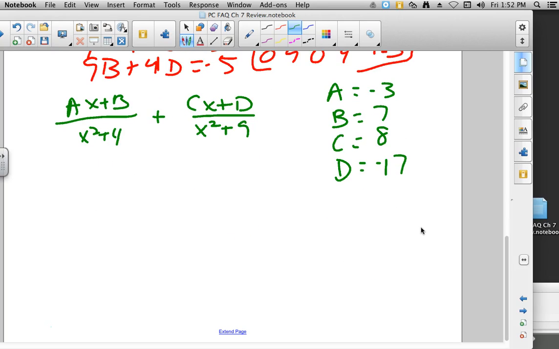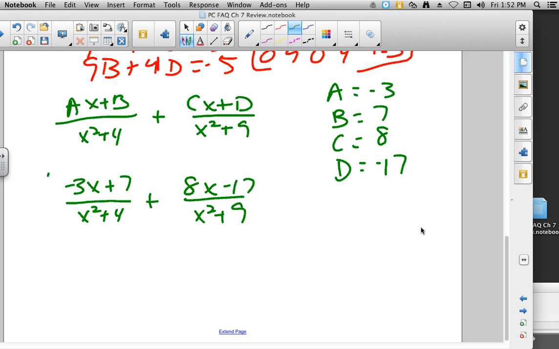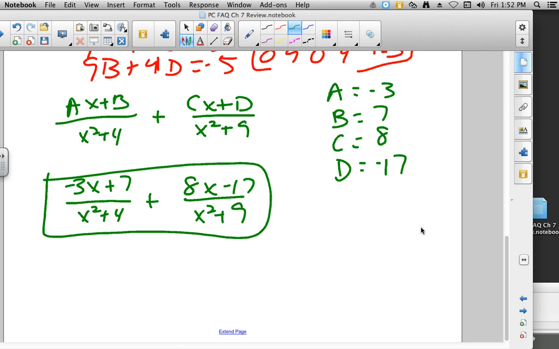So let's put those A, B, C's, and D's in the right spots. (-3x + 7) over (x² + 4) plus (8x - 17) over (x² + 9). There is our partial fraction decomposition. This was from section 7.4, number 10.